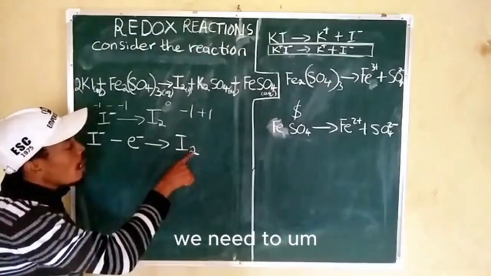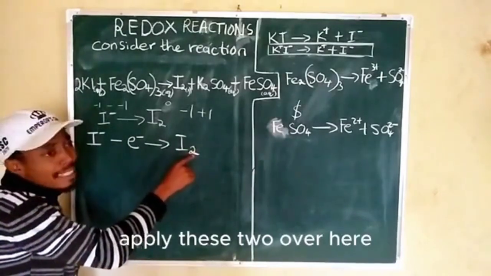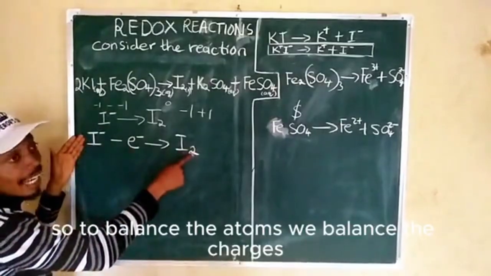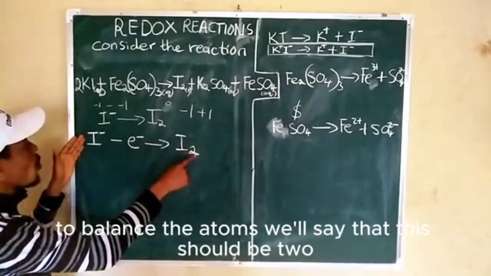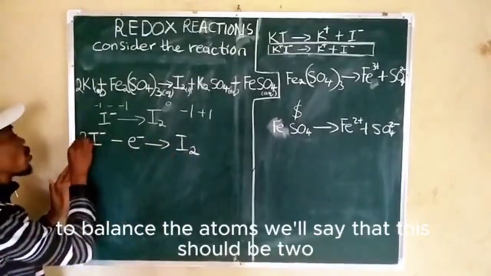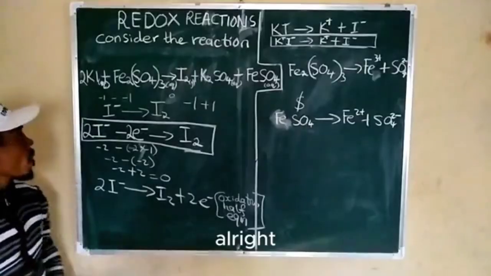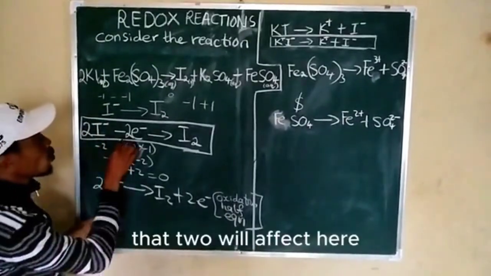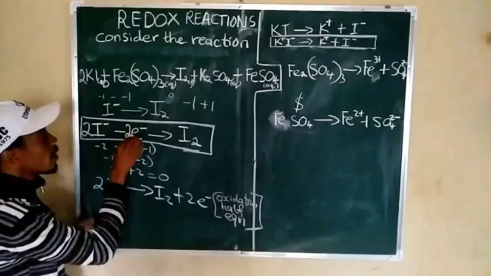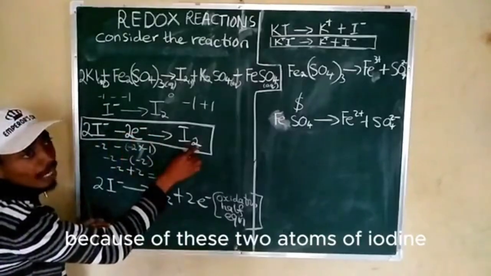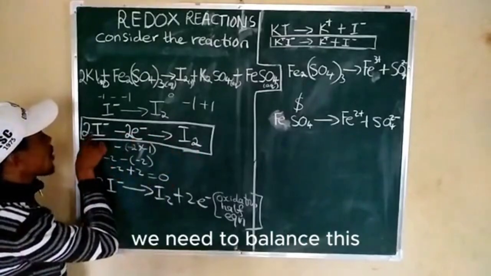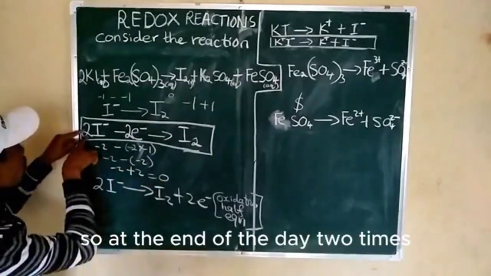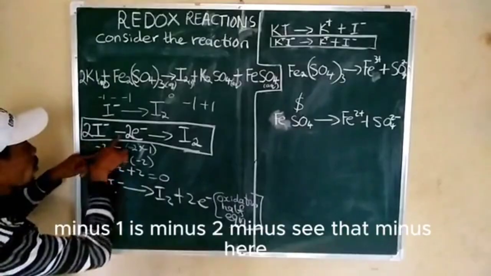We need to apply these 2 over here. So to balance the atoms, we would say that this will be 2. We put 2 here. That 2 would affect here. So we have balanced the charges. Because of these 2 atoms of iodine, we need to balance this, and of course balance this electron. So at the end of the day, 2 times minus 1 is minus 2.